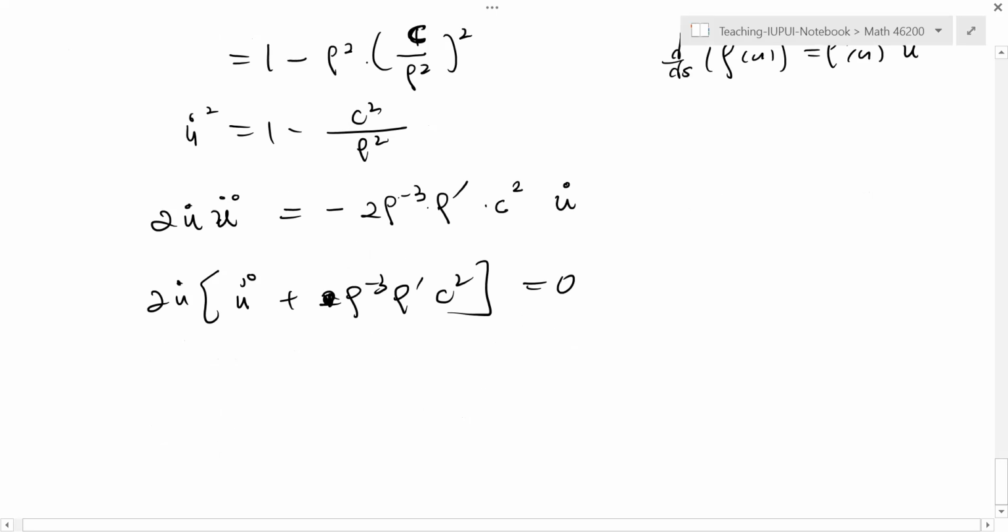Now we have to assume that u dot is not 0, since no portion of gamma is a portion of a parallel.